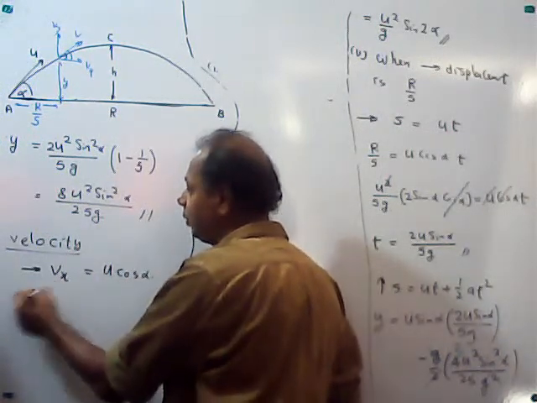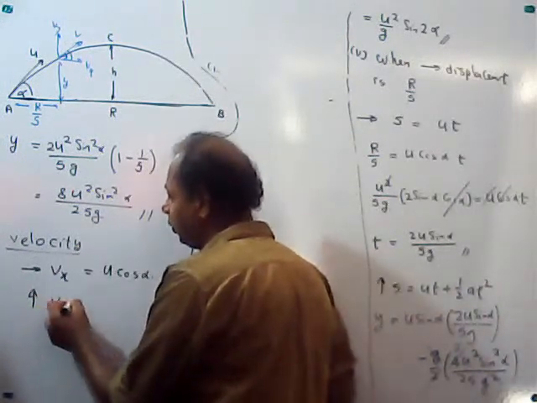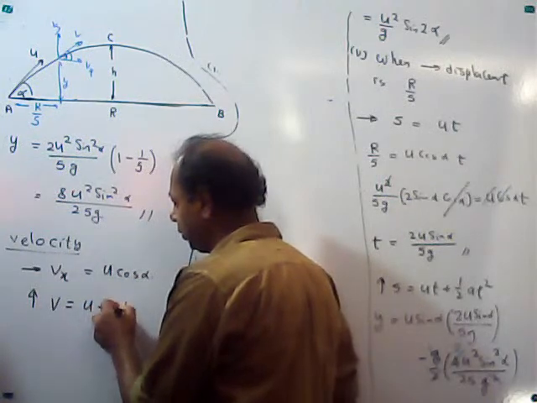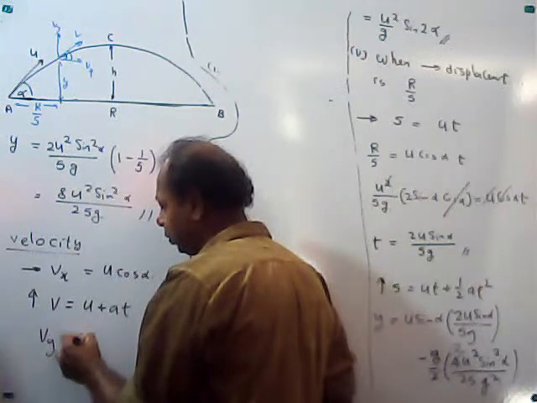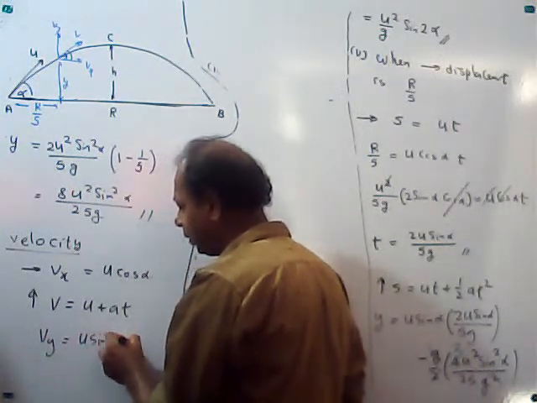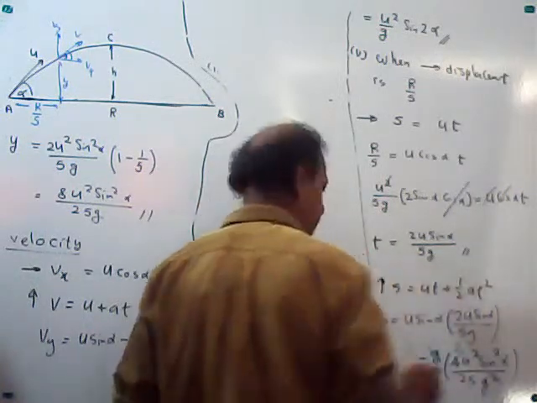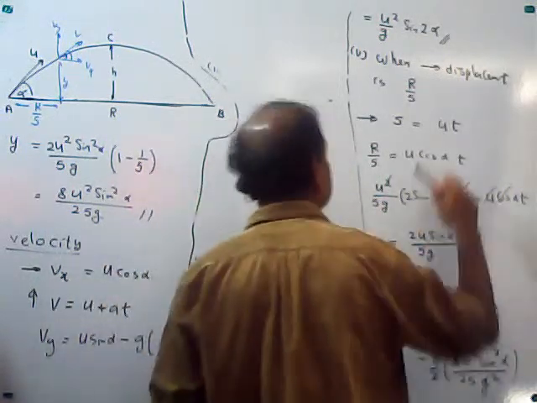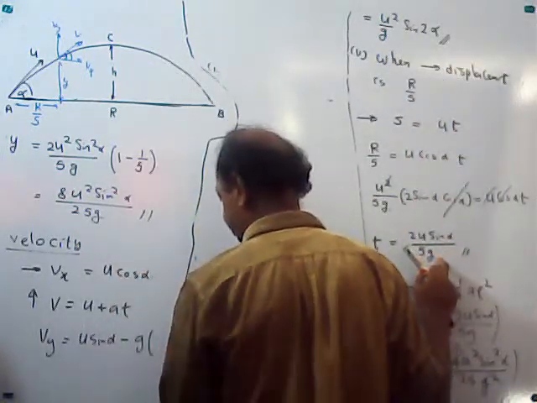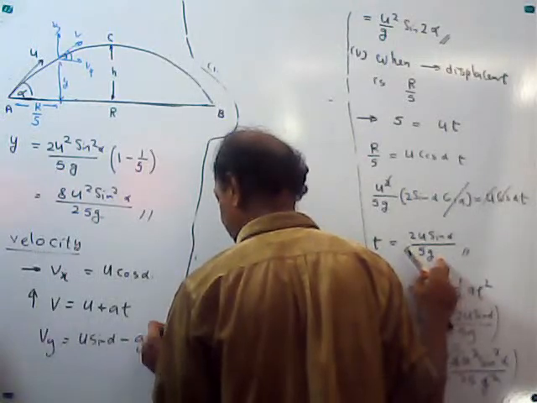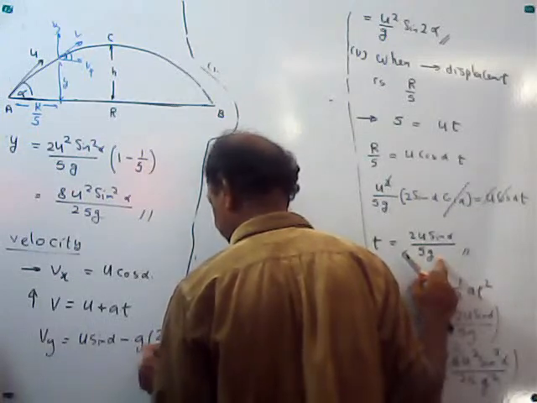And to find the vertical one, we have to apply the formula. So let's apply v equals u plus at. Vy equals u sine alpha minus gt. t is 2u sine alpha over 5g.